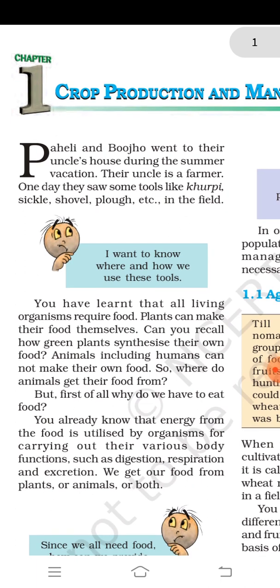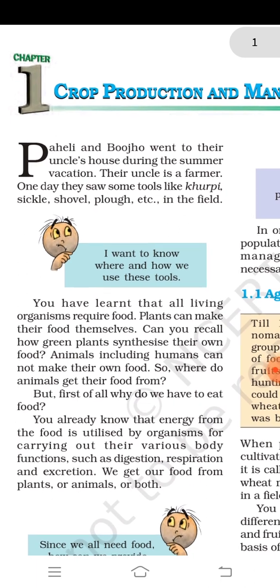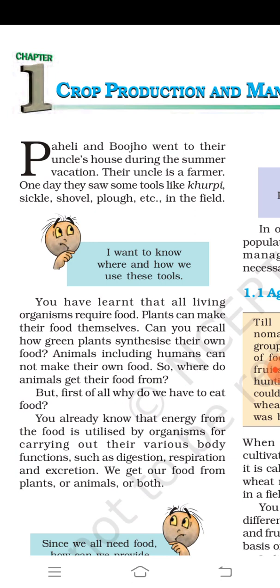Paheli and Boojho went to their uncle's house during the summer vacation. Their uncle is a farmer. One day they saw some tools like khurpi, sickle, shovel, plough, etc. in their fields. Khurpi means a small tool which is used to dig up the ground.